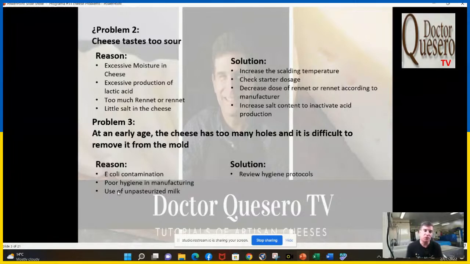Okay, let's put an example. If you are making cheese and you're just washing with detergent and rinsing it with water, and you make the cheese and you have holes, next time you rinse your vat or your pot, wash it with detergent, rinse it, dry it, and then sterilize it with alcohol, to put an example, or maybe with chlorine.